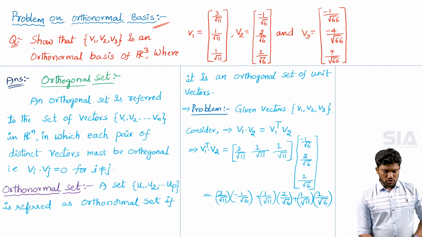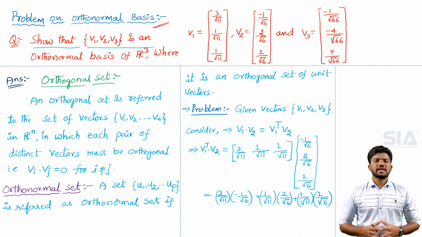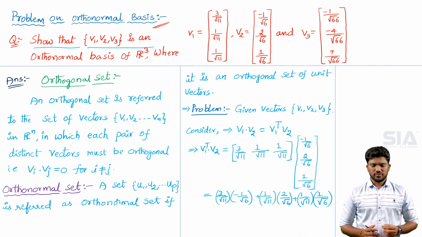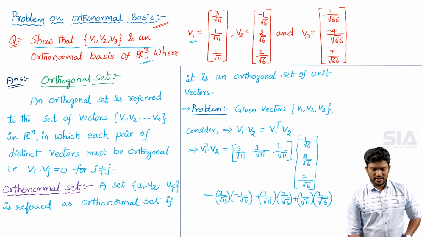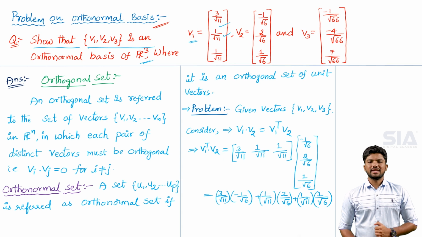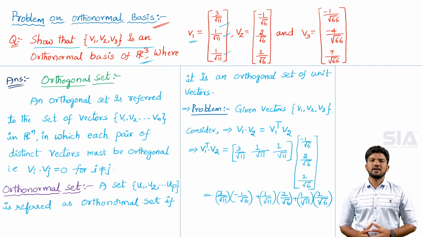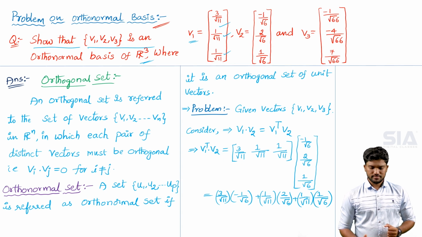First of all, show that the set V1, V2, V3 is an orthonormal basis of the vector space R3, where the vector V1 is equal to 3 by root 11, 1 by root 11, 1 by root 11. That is the first column matrix, or we can take it as a vector V1.